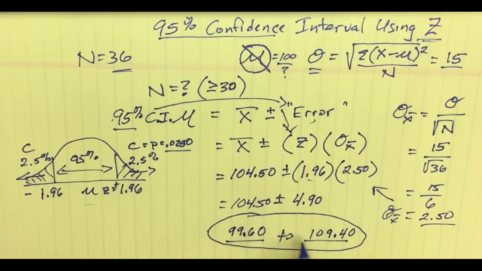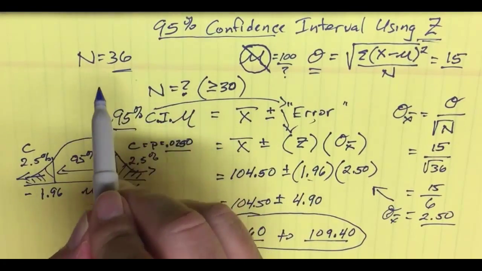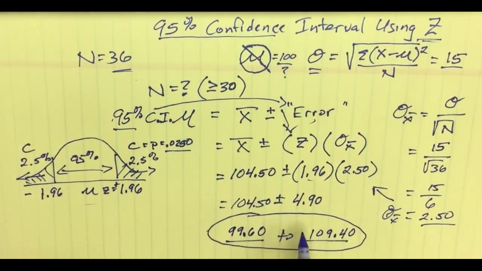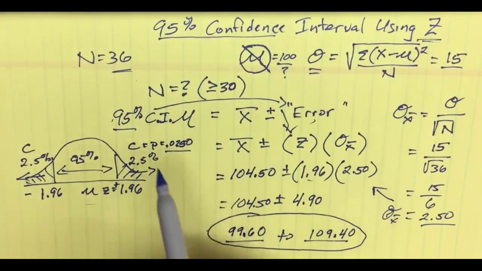So I can kind of backwardly talk about my sample of 36 people and recognize that they're quote-unquote fairly normal. Using them, I predict that the population mean IQ is somewhere between 99.6 and 109.4, and it does indeed capture 100, just barely. It's a little high, right?